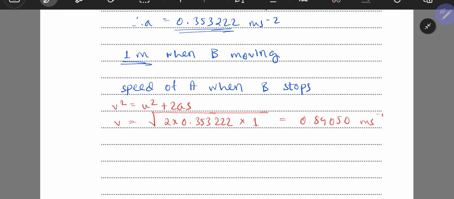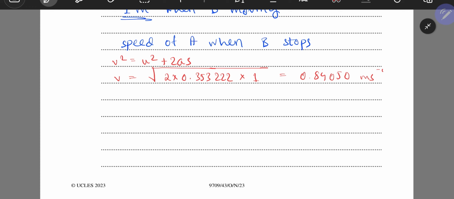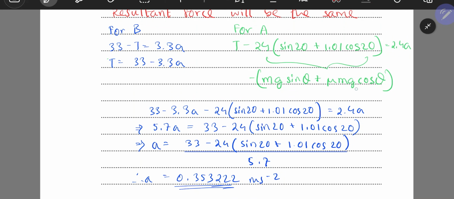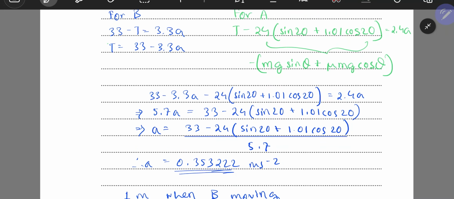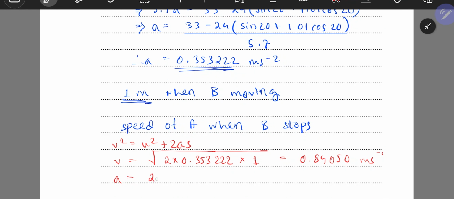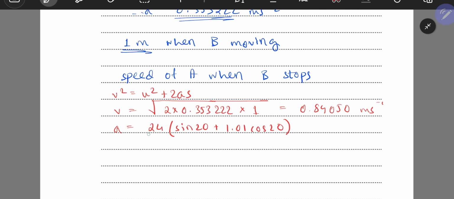So with this speed, I need to find the new deceleration. Finding the new deceleration is pretty simple. I'll just take the forces mg sine theta and mu mg cos theta. So for that, I'll just use 24 (sine 20 plus 1.01 cos 20). Again, I'm taking mg common just to make it simpler. Divided by the mass, since acceleration is resultant force divided by mass.